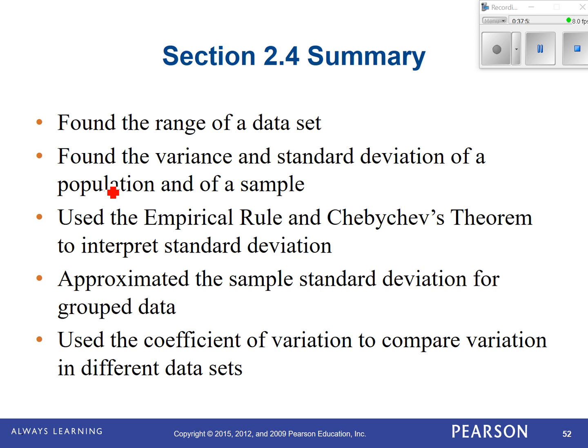All right, so what we covered: the range of the data, high minus low, variance, standard deviation for population and sample. Remember, the empirical rule is going to be very important throughout the year. We're going to use it a bunch. Chebyshev's theorem, we're not going to use it a whole lot, but we will use it a little bit.